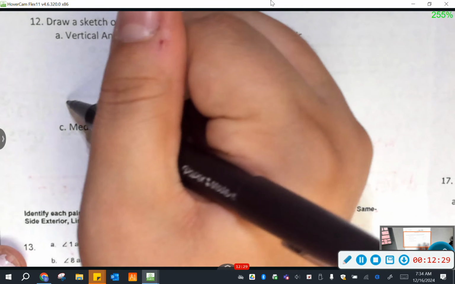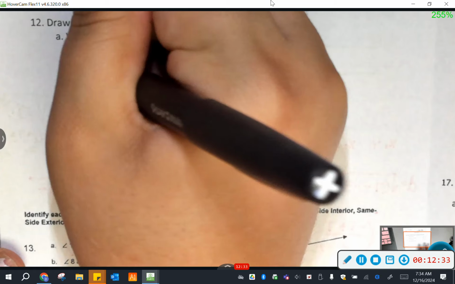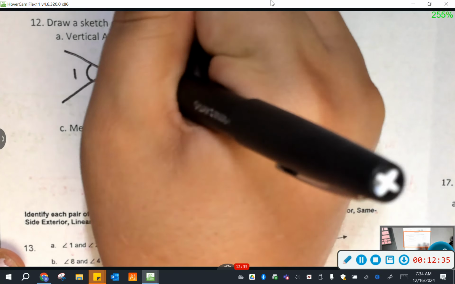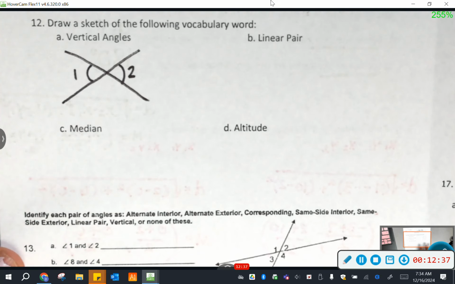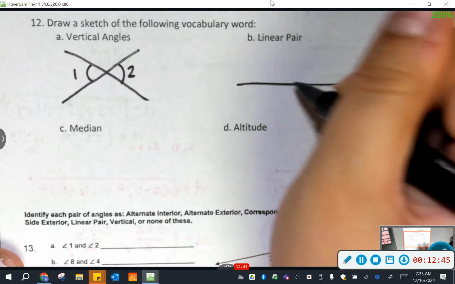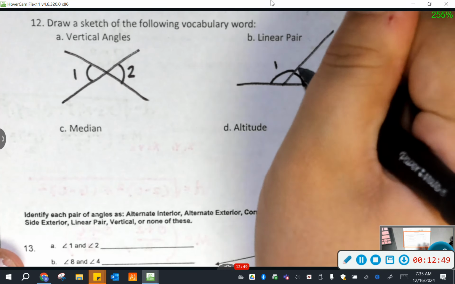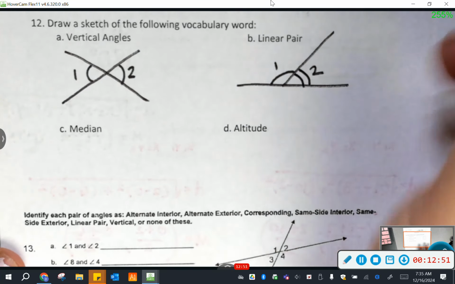They are across from each other. So 1 and 2 would be vertical angles. What does a linear pair look like? A linear pair would be right next to each other.